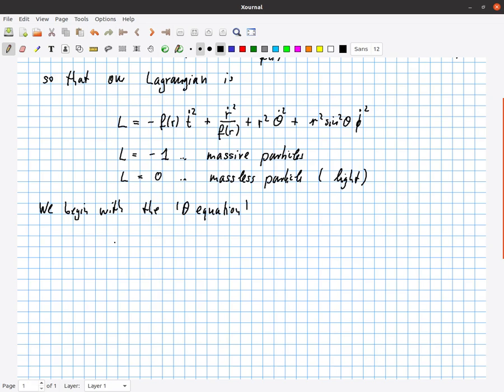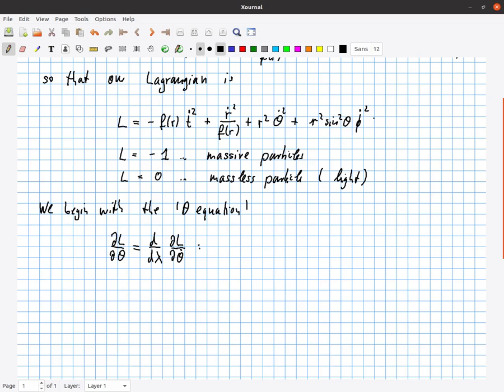Let me remind you of our Euler-Lagrange equations. We have dL d theta equals d over d lambda dL d theta dot. dL d theta is easily computed. This is not a function of theta, neither is this, neither is that.